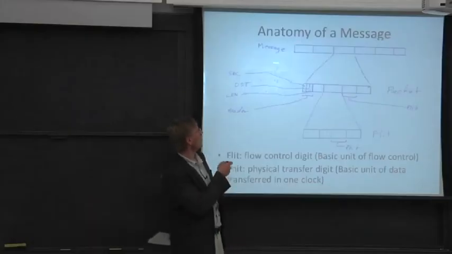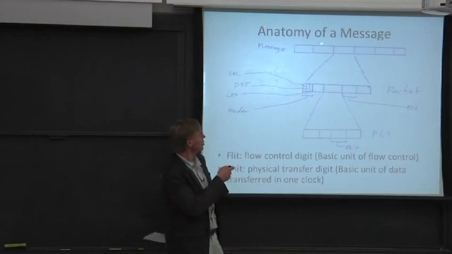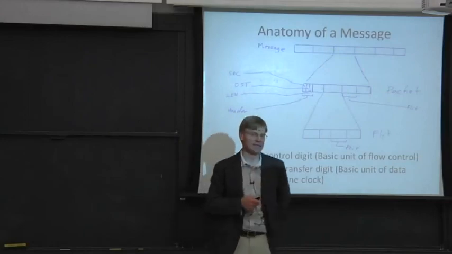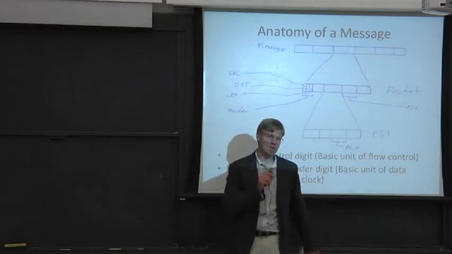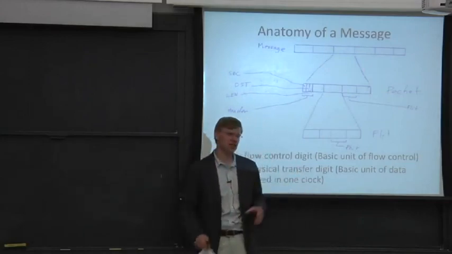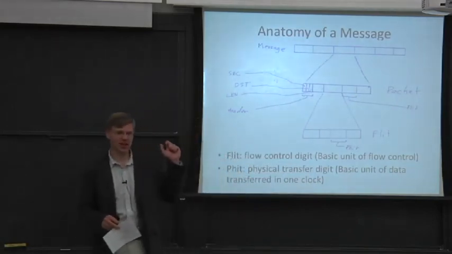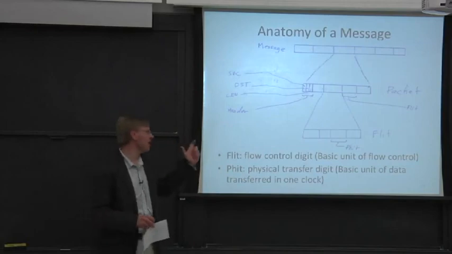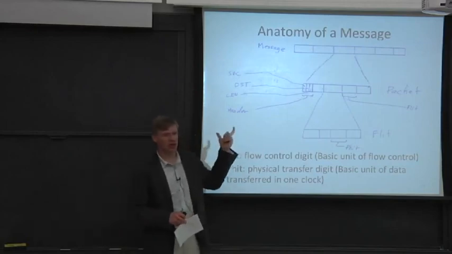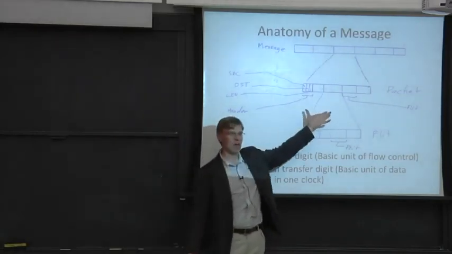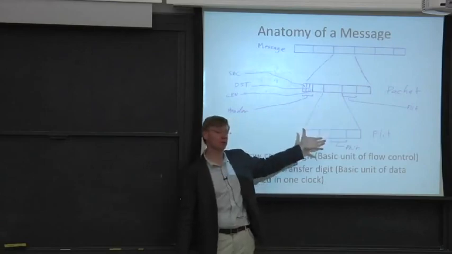And we're actually going to fragment this message into smaller pieces, which we're going to call a packet. Now note, I want to make a big difference between a message and a packet. A packet is a piece of data that we're going to be sending through the network, and the network natively understands this packet, and the packet is routable through the network.